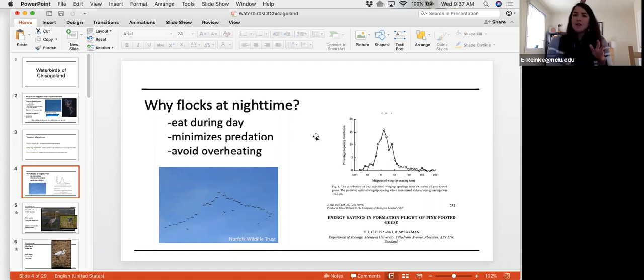Okay, and let's talk about, why are they flying in flocks at all? You might especially think of the Canada geese that we see this time of year that are flying in V's, right? There's been some really cool research studying why a V. This paper, Energy Savings and Formation Flight of Pink-Footed Geese by Cutts and Speakman, they did some physiological models to estimate what would be the best distance for birds to fly to maximize being able to use each other's wind vortexes.